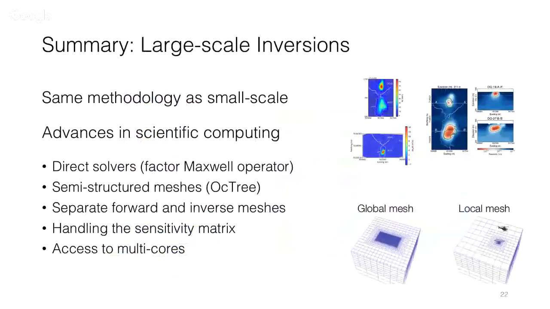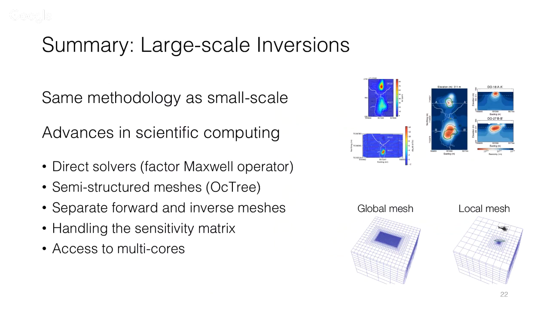So in summary, for large scale inversions, and I think this is perhaps one of the important things, nothing has changed. We can use the same methodology for large scale as we did for the small or toy problems.